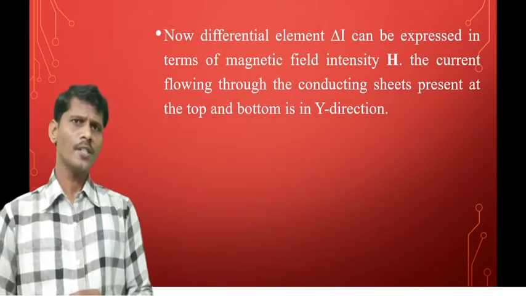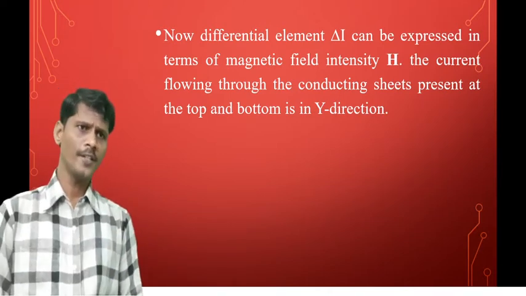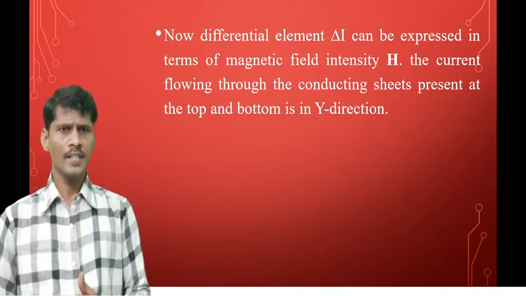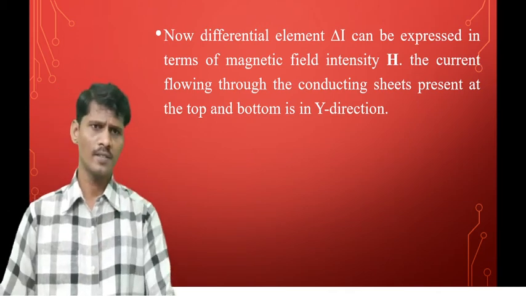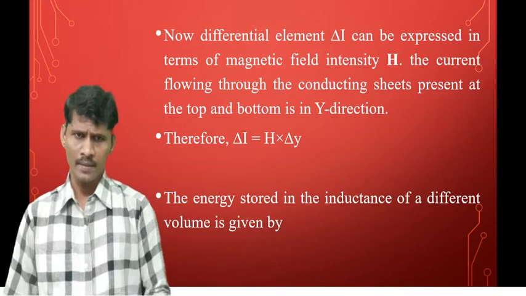Now, the differential current delta I can be represented in terms of the magnetic field intensity H bar. The current flowing through the conducting sheet present at the top and bottom surfaces in the y direction is delta I equal to H into delta y.